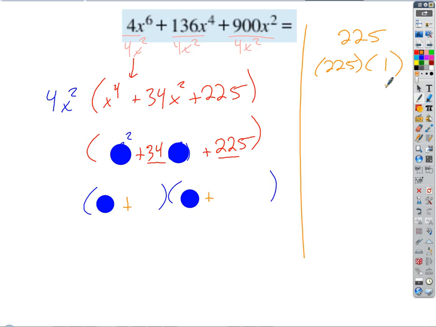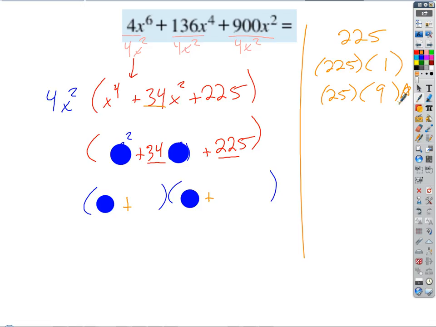So we could try 25. 25 times what is 225? 4 25s per 100, right? So I'd have 4, 8, and then one extra one, 9. And that's it, isn't it? 25 times 9 is 225, and 25 plus 9 is 34, right? So that's our winner, right?